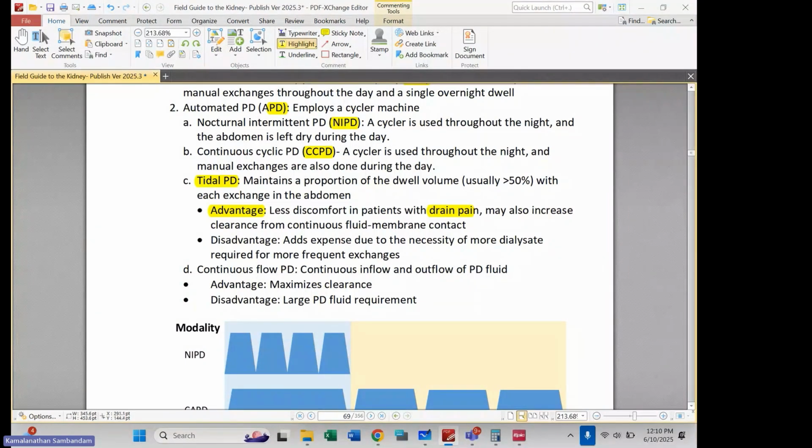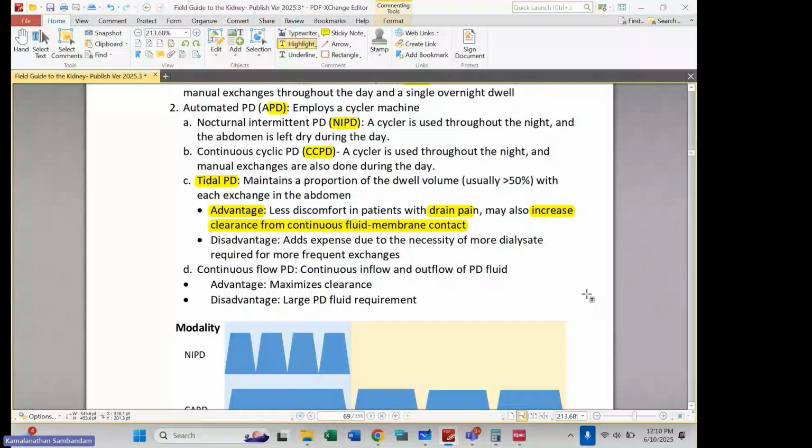There is theoretically the possibility of increasing clearance with tidal PD because you're essentially maintaining flux transport throughout the entirety of the peritoneal dialysis procedure, since the belly is never empty during the course of those exchanges in and out.